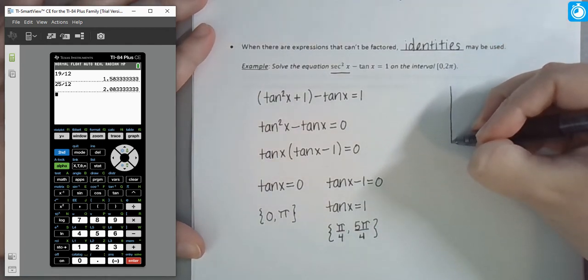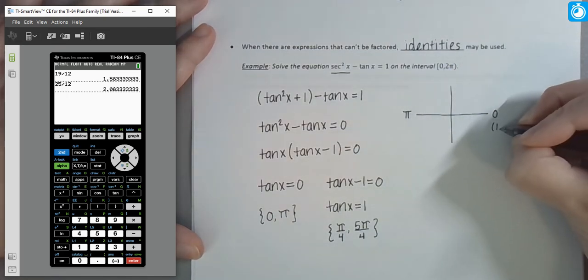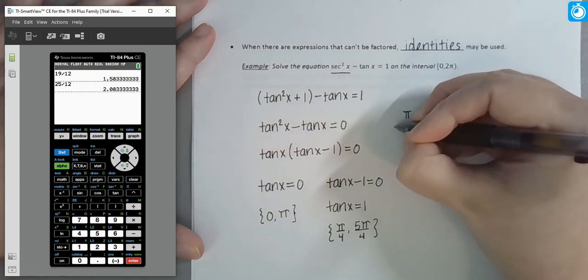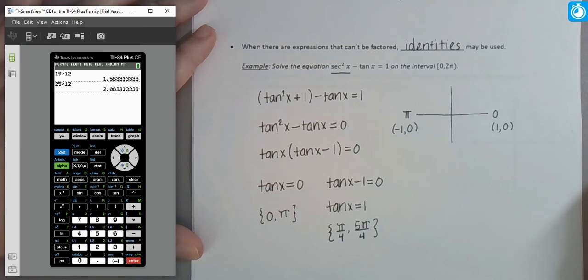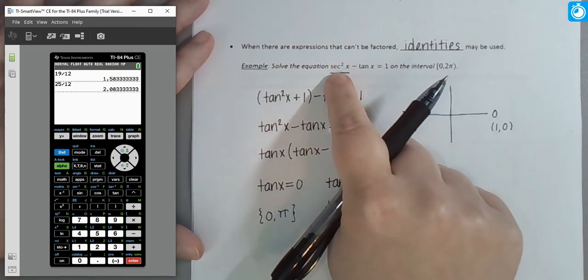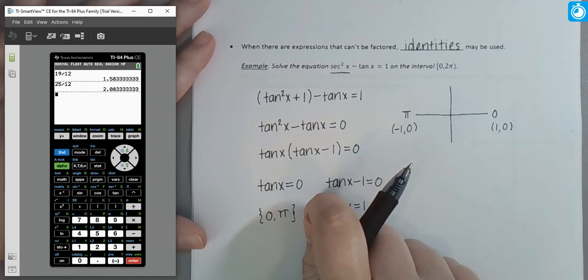Again, let's draw a little coordinate plane. Here's 0, here's pi. At 0, our coordinates are 1, 0. At pi, our coordinates are -1, 0. So what can we say about the secant at those two locations? Well, remember the secant is the reciprocal of cosine.